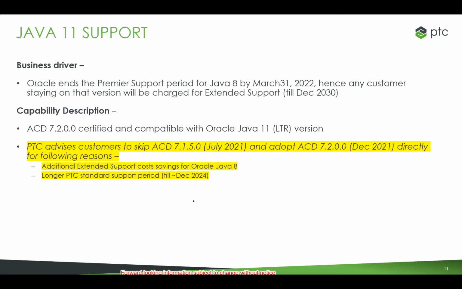Beyond that date, if you are staying with this version or with an earlier ACD 7.1 version, you will be forced to pay extra to get the extended support from Oracle. That's why we are suggesting this path to update directly to 7.2 in order to avoid those extra charges. So we highly recommend all our customers to wait another couple of months and adopt 7.2 if possible.